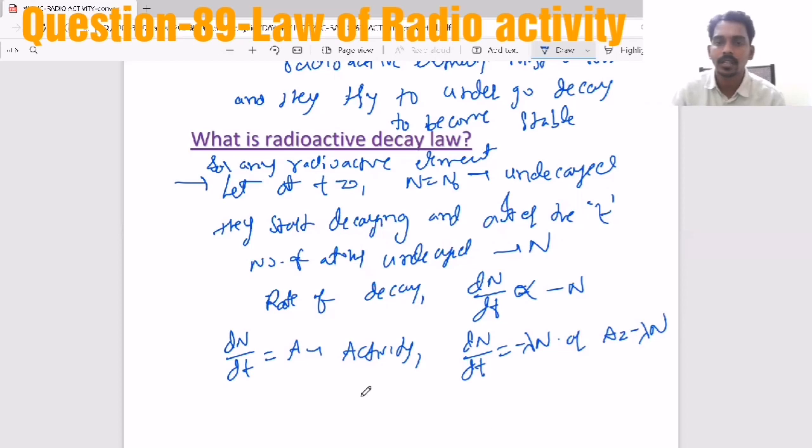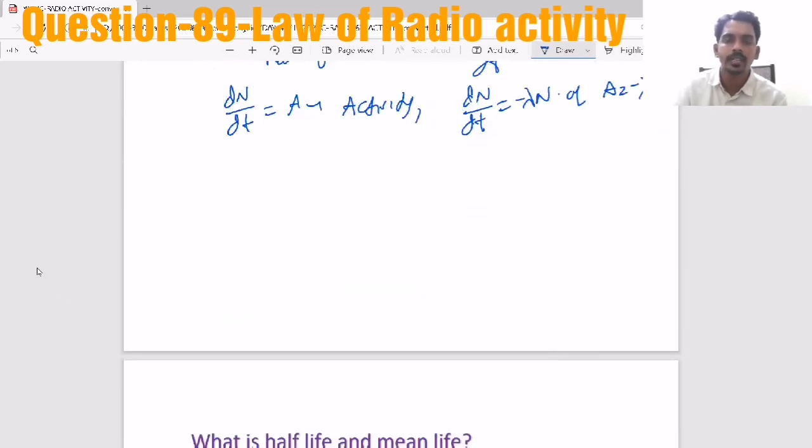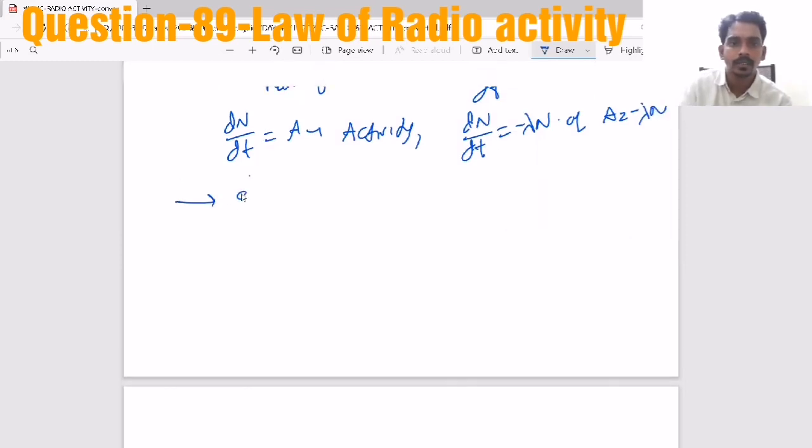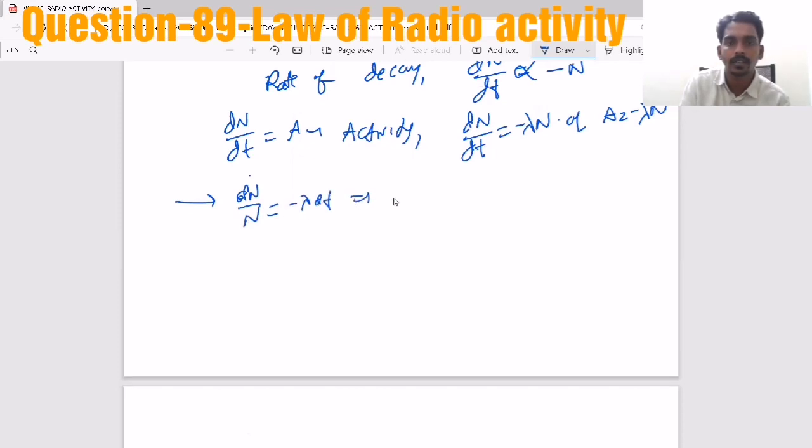Why minus? Because the n value keeps on decreasing, as one by one atoms undergo the decay process. So the undecayed number keeps on decreasing, and to represent that we keep this minus sign, and lambda is called the disintegration constant. If you integrate, dn by n equals minus lambda dt, then you will get n equal to n naught into e power minus lambda t.